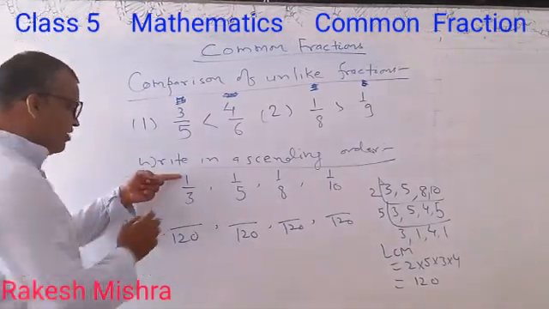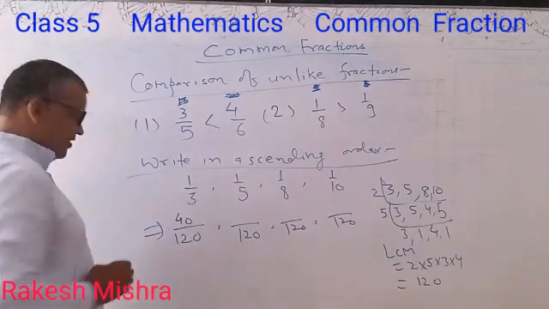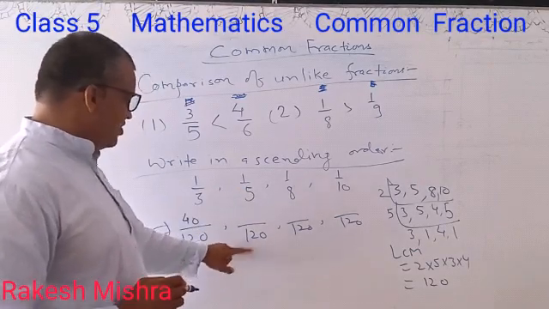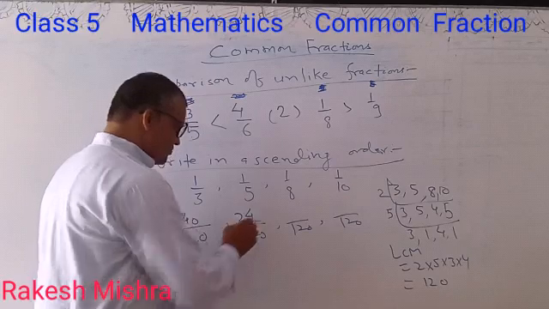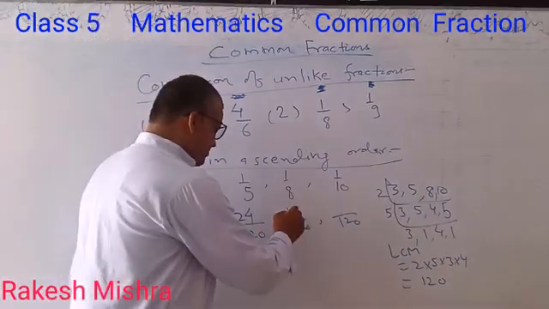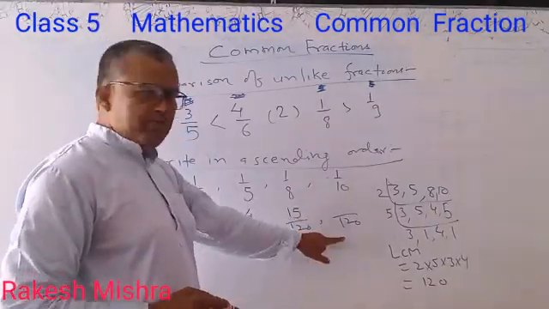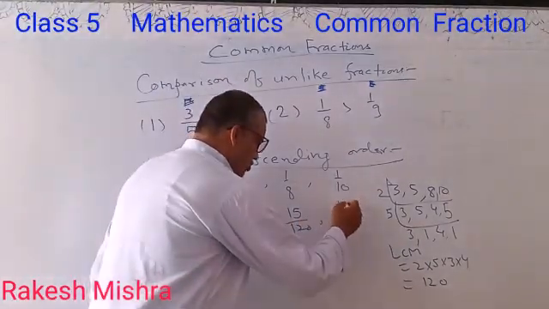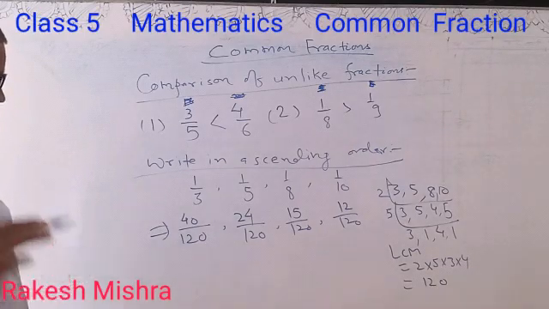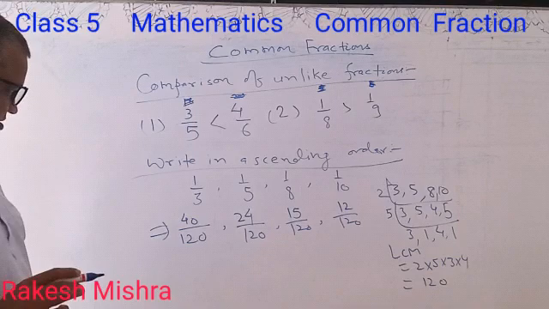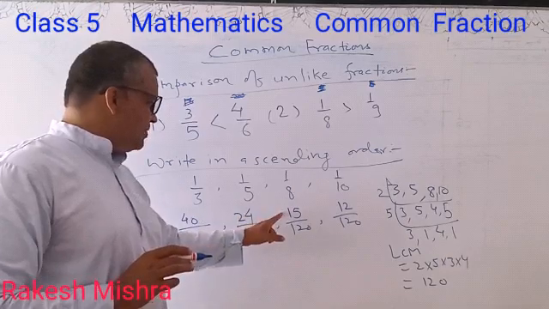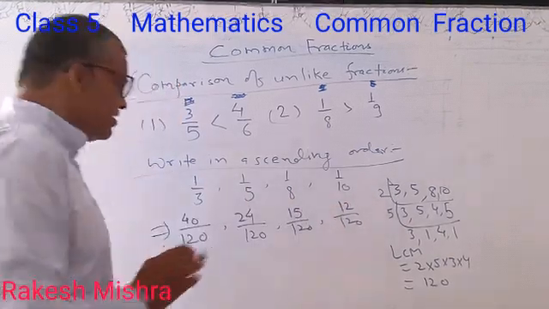So 40 multiplied with 1, and we write here 40. 5 24s are 120, so 24 1s are 24. 8 15s are 120, so 15 1s are 15. 10 12s are 120, so 12 1s are 12. Now it is clear which number is smallest: 40, 24, 15, 12. This number is smallest.